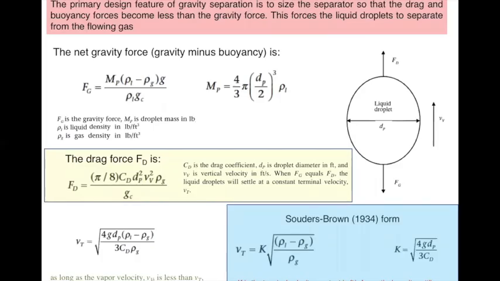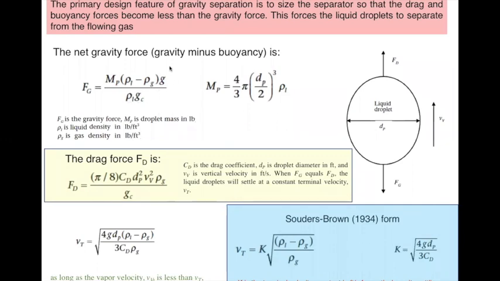So let's go to this figure first. And here you see that there is a liquid droplet, right? And the forces are acting in both directions. So you see the net gravity force, which is downward, and this is gravity minus buoyancy, which is found to be Fg equal to mp into (rho L minus rho G) into g divided by gc.